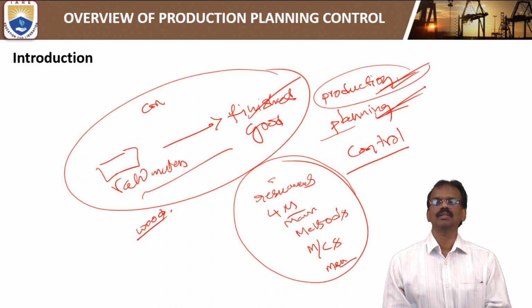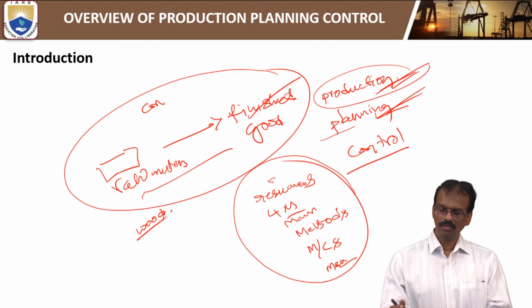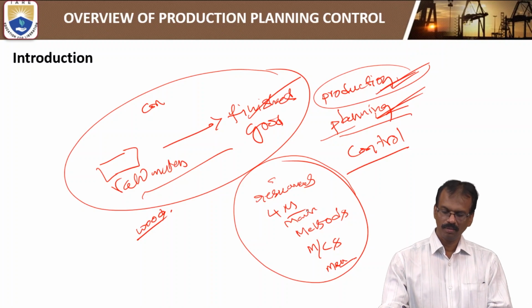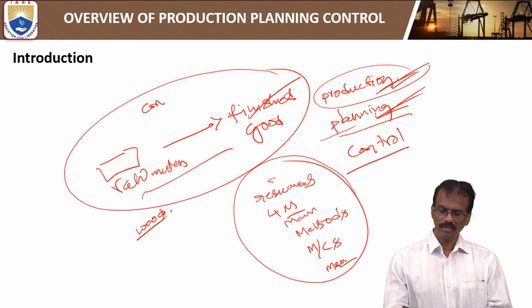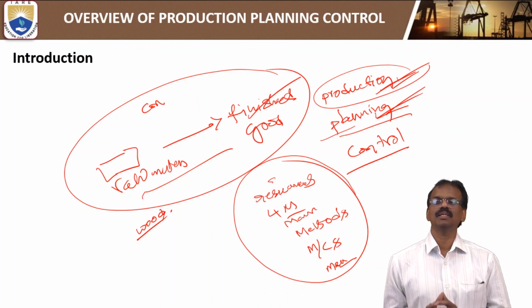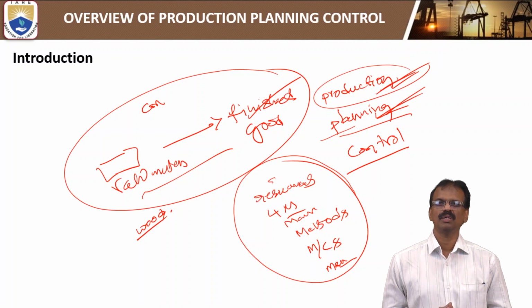So planning is very important. Planning regarding the methods, what type of methods are used for this production, and planning regarding the machinery resources and their utilization, what type of machinery we have for performing the production, and what skillful operators are available to perform that production operation.